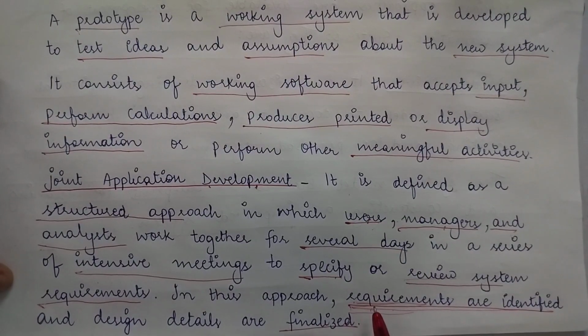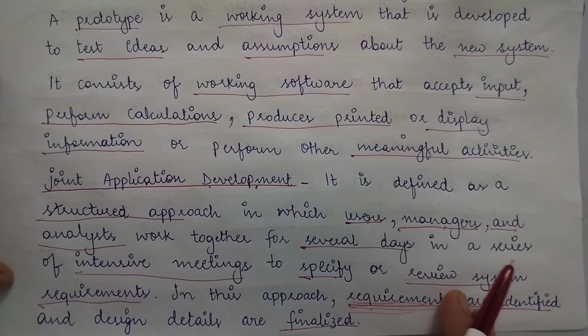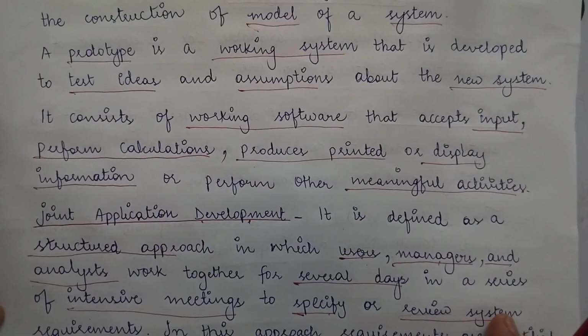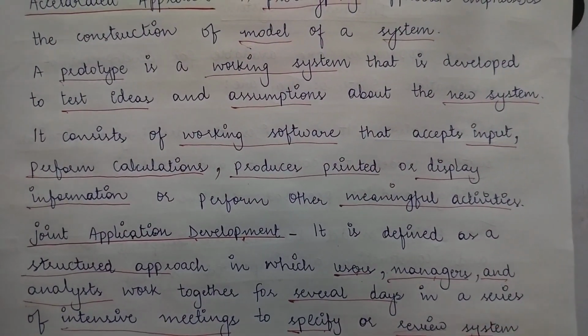You arrive at a final conclusion as to what the requirements of the system are, and then based on the requirements, the design details are finalized as to how the information system would be designed. So these are the three approaches in general for developing an information system.